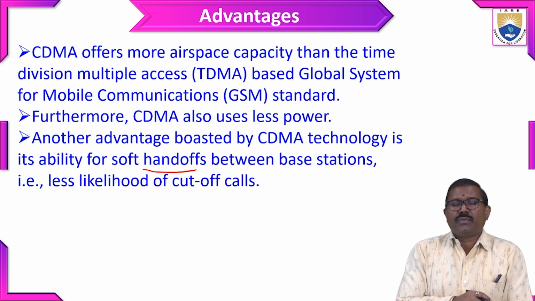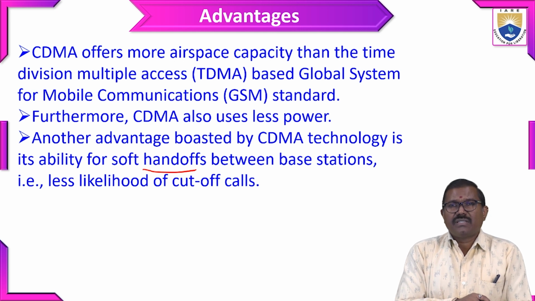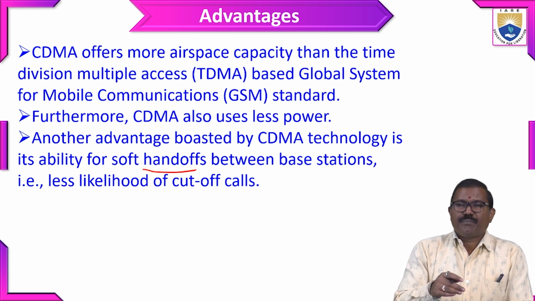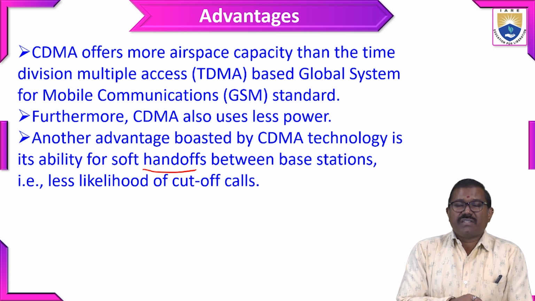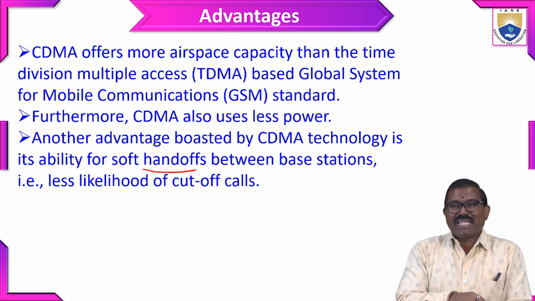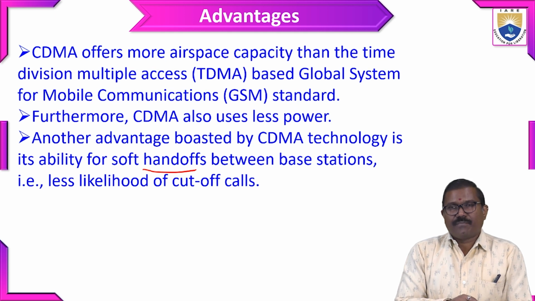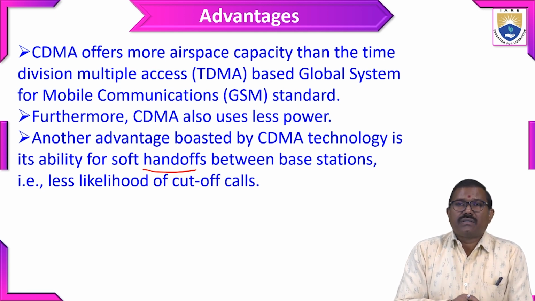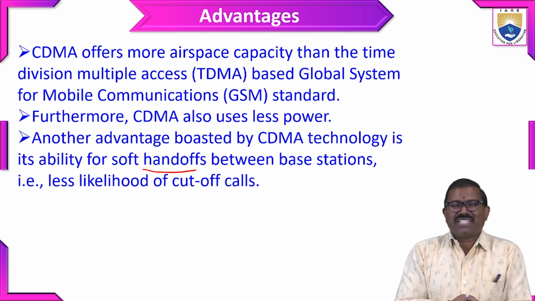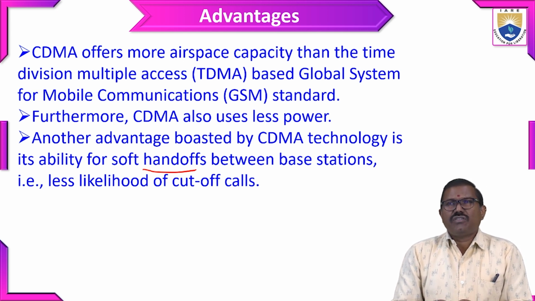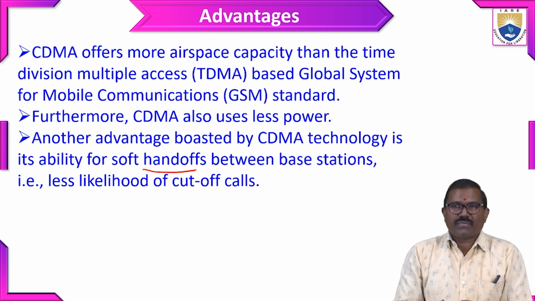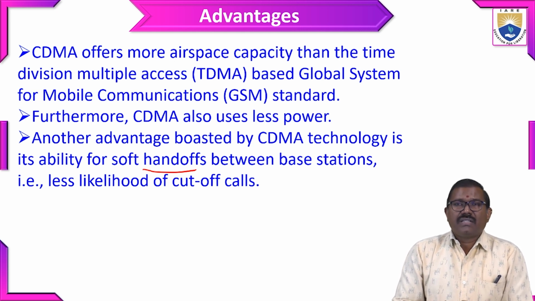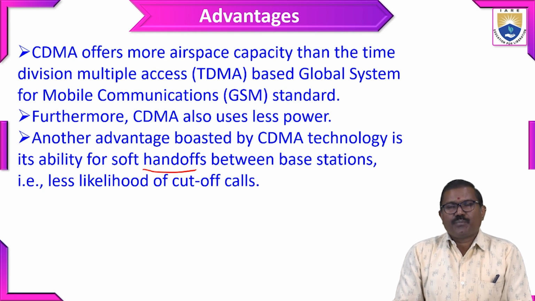Cellular mobile communication is based on cells. A cell is the area covered by a base transceiver system, that means simply you can talk with the cell tower. The cell tower provides a range of communication in that area, and that is called a cell. A cell is generally in the shape of a hexagon.